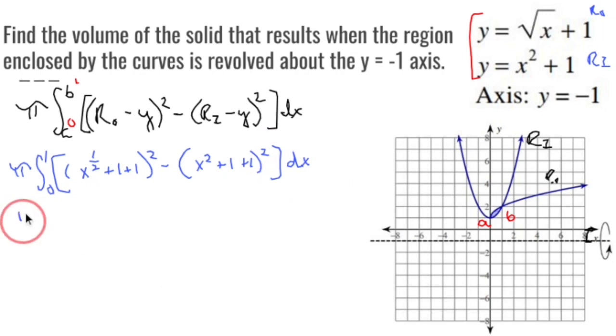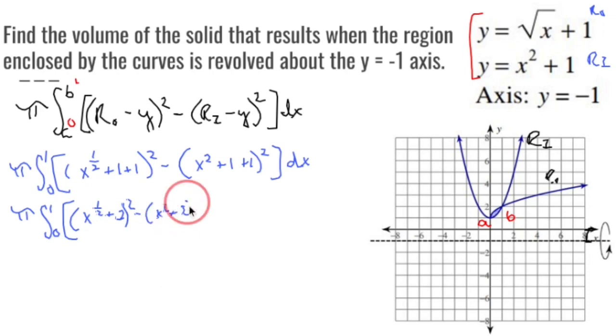Okay, so let's do a little bit of simplifying. Pi still lives there. I'm far from integrating. So that becomes x to the 1/2 plus 2 squared minus x squared plus 2 squared dx. We've got two perfect square trinomials that we're going to end up with.